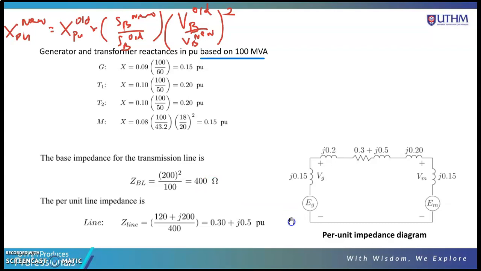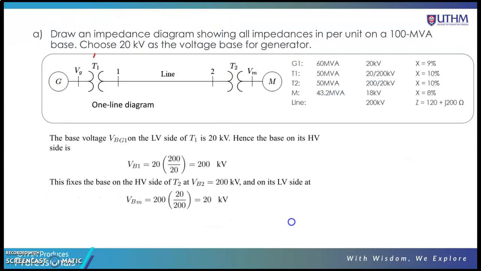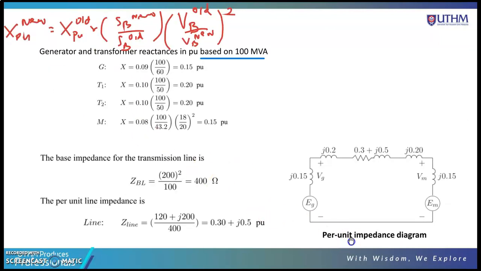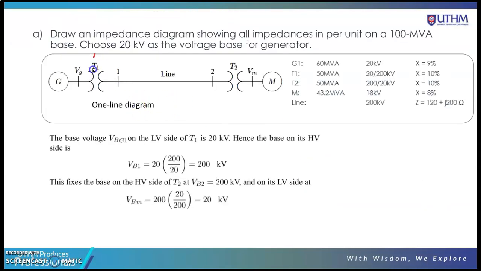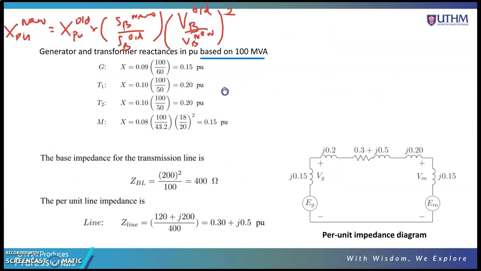Then you can draw the per unit value based on the single line diagram. You can draw the per unit impedance diagram. You have an EG, and then you have an XG connected to the transformer T1, and then connected to the transmission line.